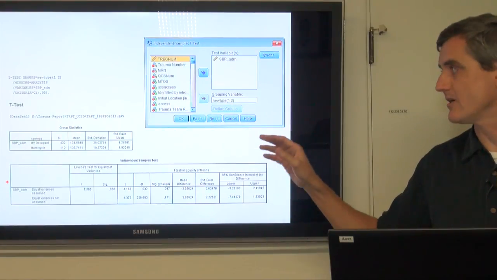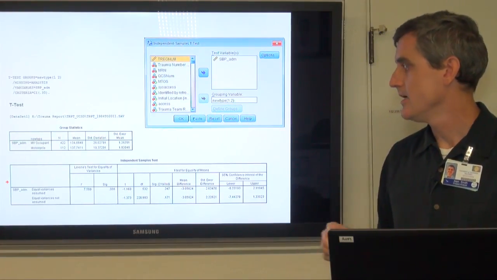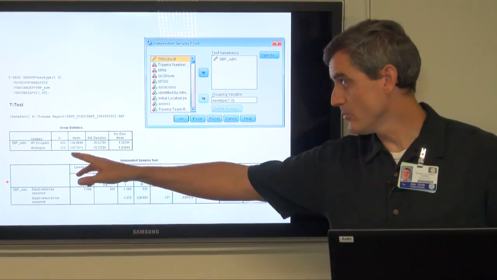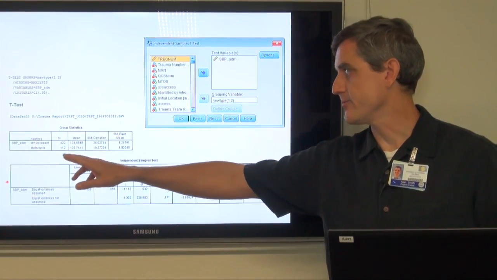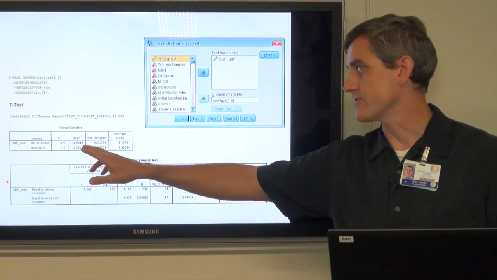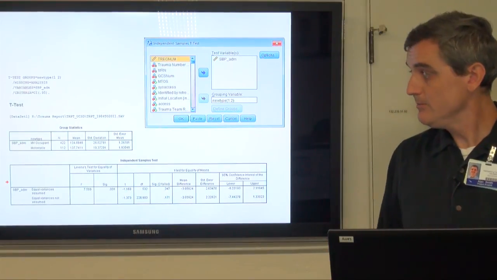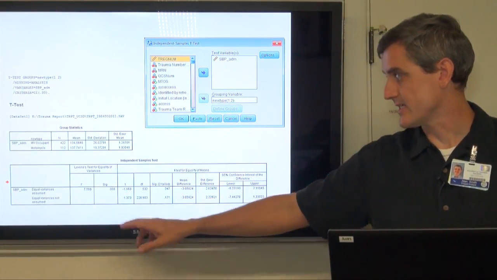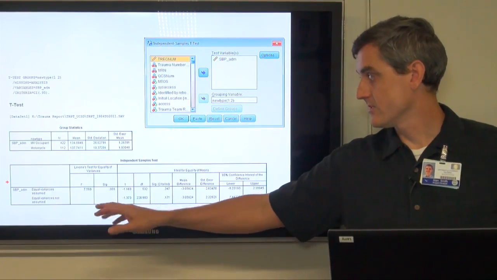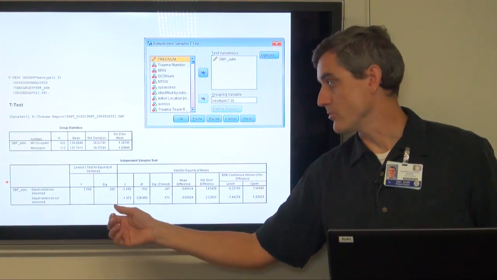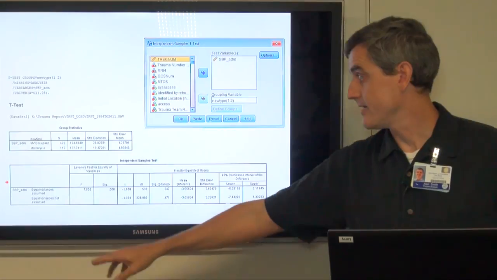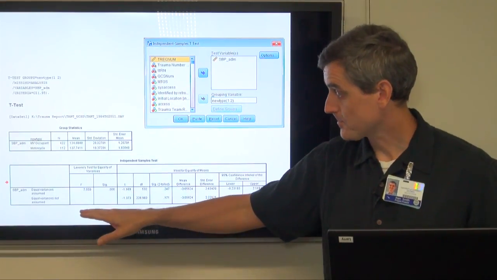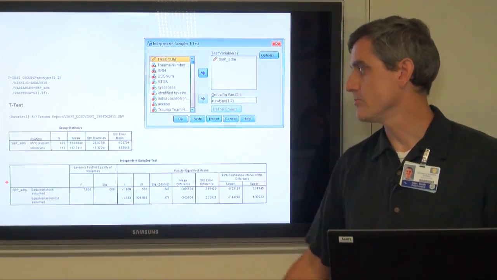Group 1 is motor vehicle occupants, group 2 is motorcyclists. And so we've got over here the sample size and mean and standard deviation for each of those groups. And this first part over here in the independent samples test looks to see whether those variances are equal. And this top row says equal variances assumed.